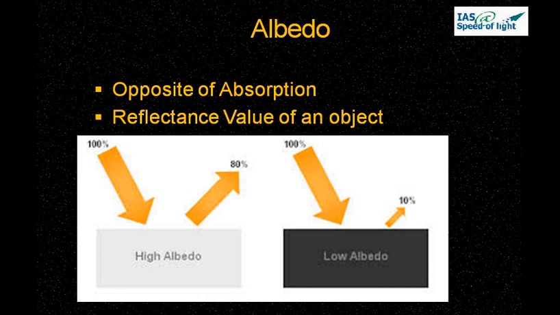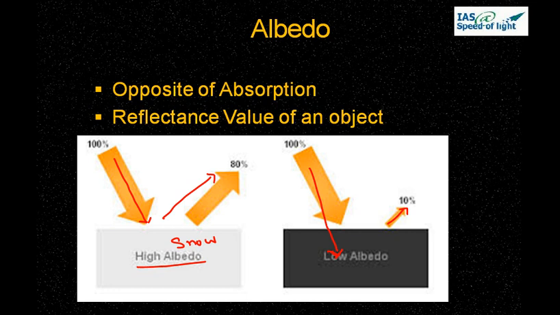We can see this example here, this ice, for example this snow, has high albedo. So what it means is that whatever light it is getting on the surface, it is reflecting it back. Similarly, an object with a low albedo, that is low reflectance, gets most of the light absorbed, and has less reflectance.